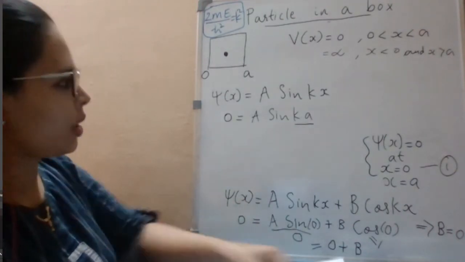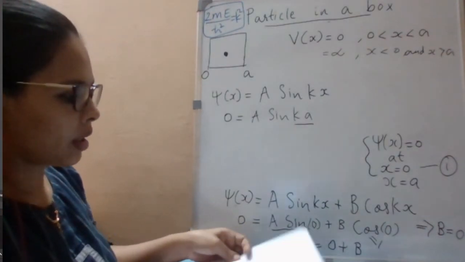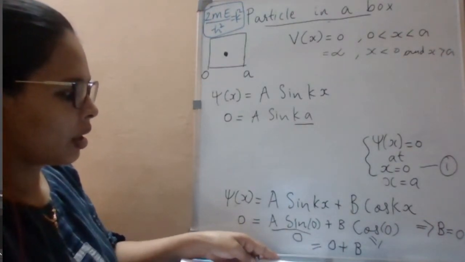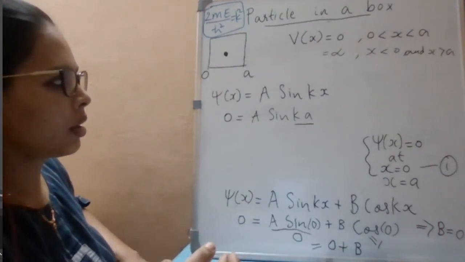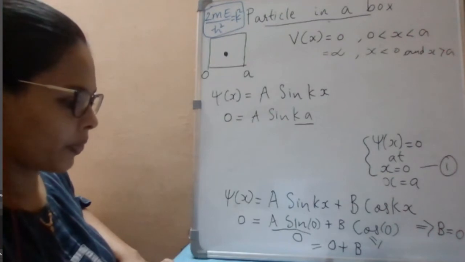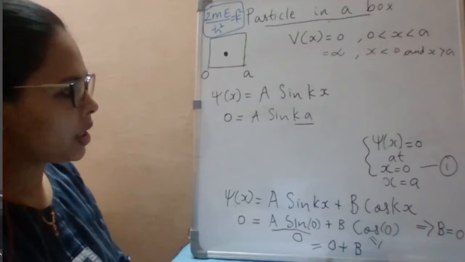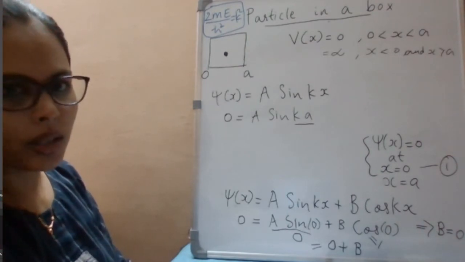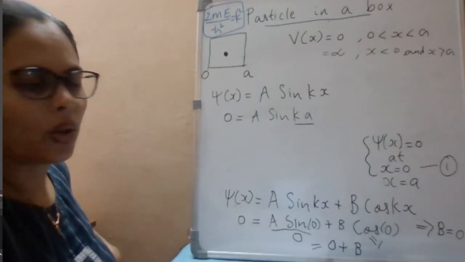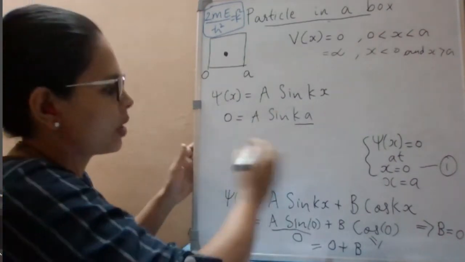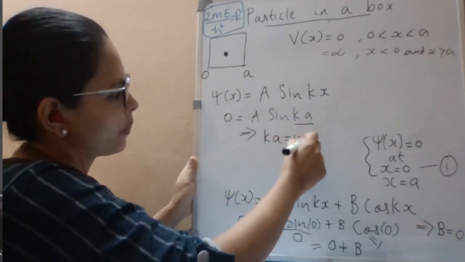If ka is equal to n pi, you know that sine n pi turns out to be 0. That means 180, 360, all those things. Sine of 180 will be 0, so the multiples of 180 will also be 0. So from this, what we get is ka is equal to n pi.